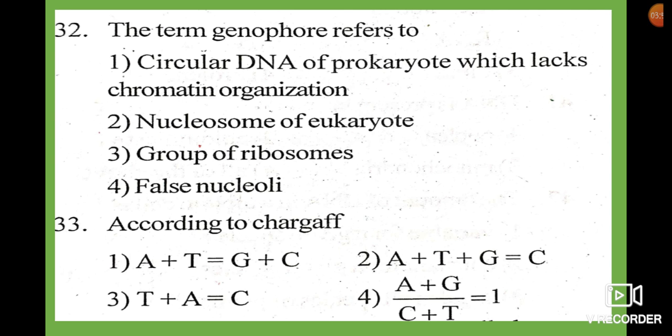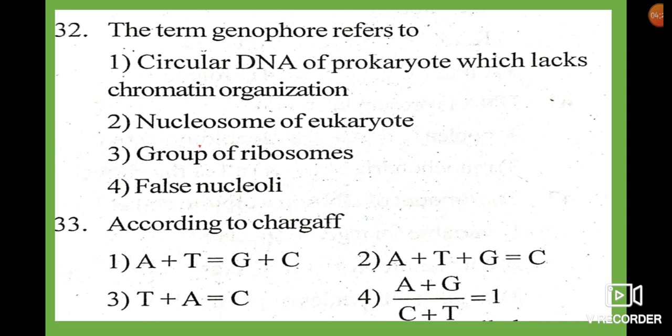Question number 32. The term genophore refers to: first option, circular DNA of prokaryote which lacks chromatin organization; second option, nucleosome of eukaryote; third option, group of ribosomes; fourth one, false nuclei.